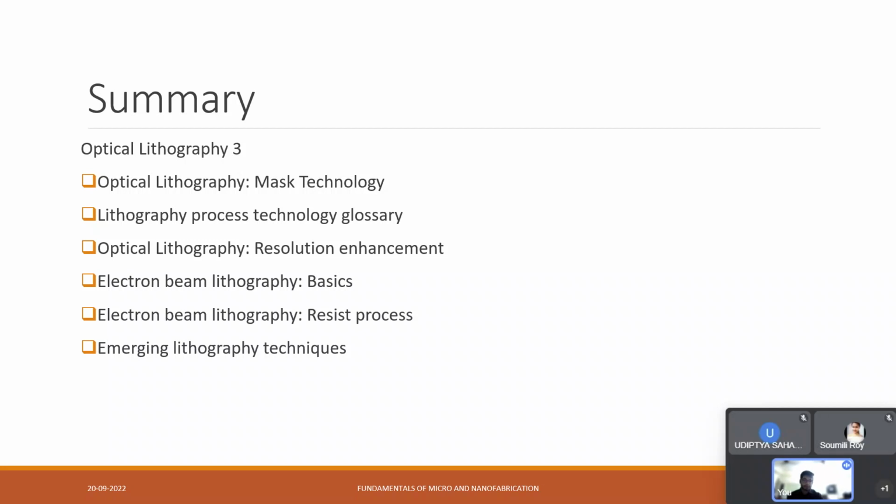The third was on how to go about enhancing the resolution, and we saw some methods to do that. Then two more lectures were on electron beam lithography, mostly using electron beams to write on the electron resist, which is basically pattern transfer, and some emerging lithography processes. So let's go to the questions now.